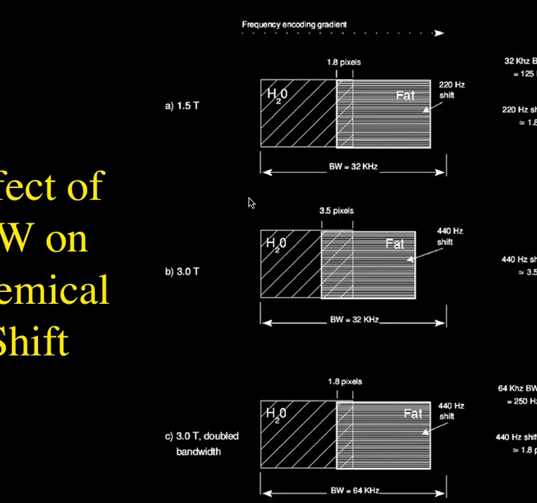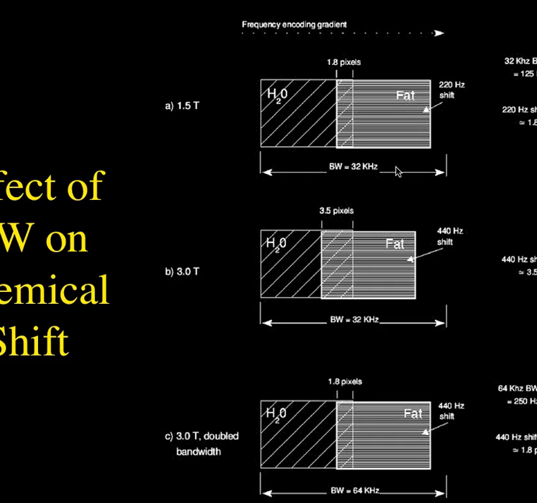Now, this is from Ray Kuo, a former fellow here who made this slide. What happens is that there are two bandwidths that you have to know about in magnetic resonance. One is the transmit bandwidth that we've already talked about.